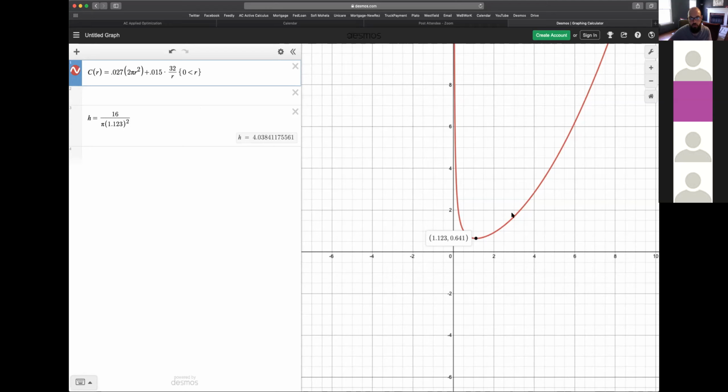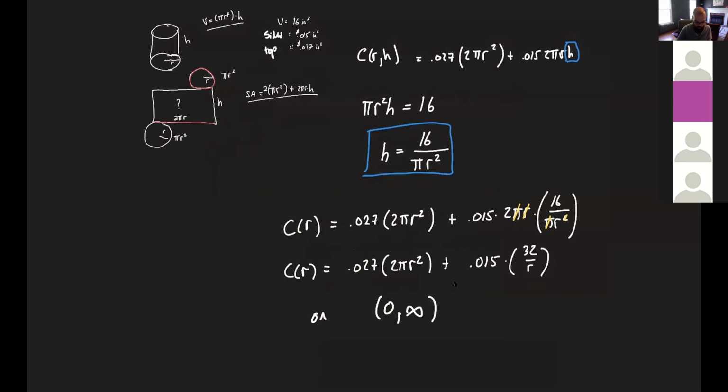Keep in mind the structure that we did here when you're working through the different problems. What we did was we drew a picture, we set up our problem, and we thought about all the different dimensions that we needed, and we came up with some formulas for volume, for surface area, and for cost.